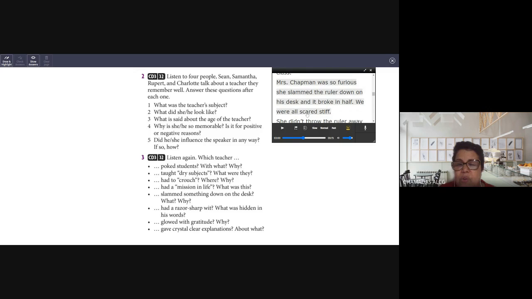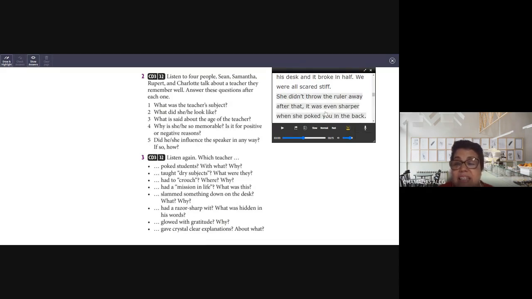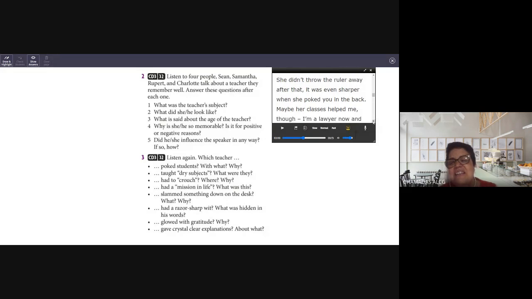We were all scared stiff. Scared stiff means very afraid. She didn't throw the ruler away. After that, it was even sharper when she poked you in the back. So she kept that broken ruler.